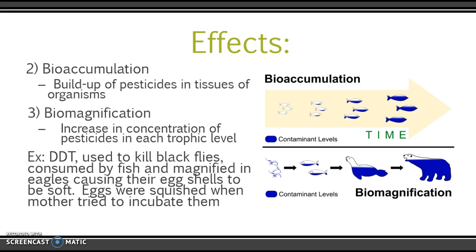And what happened was that DDT caused a change in the production of the eggshell of the eagles, and when the mothers went to sit on their babies to incubate them before hatching, they actually squished their eagle eggs, and ultimately they caused a drastic decline in the number of eagles, and ultimately that led to eagles being put on the endangered species list. So it's a very, very bad thing.